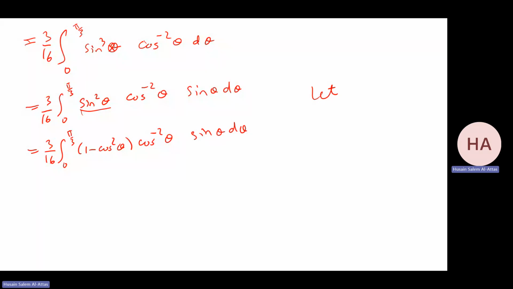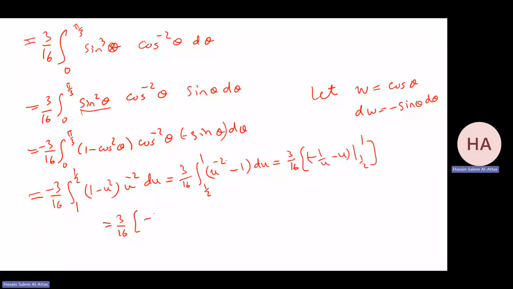Cosine pi over 3 is a half. So I have 3 over 16 of minus 1, minus 1, minus half, minus 2.